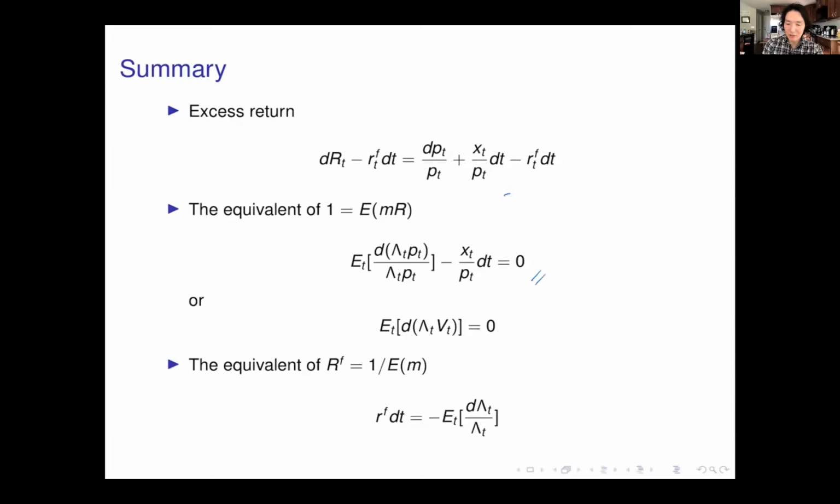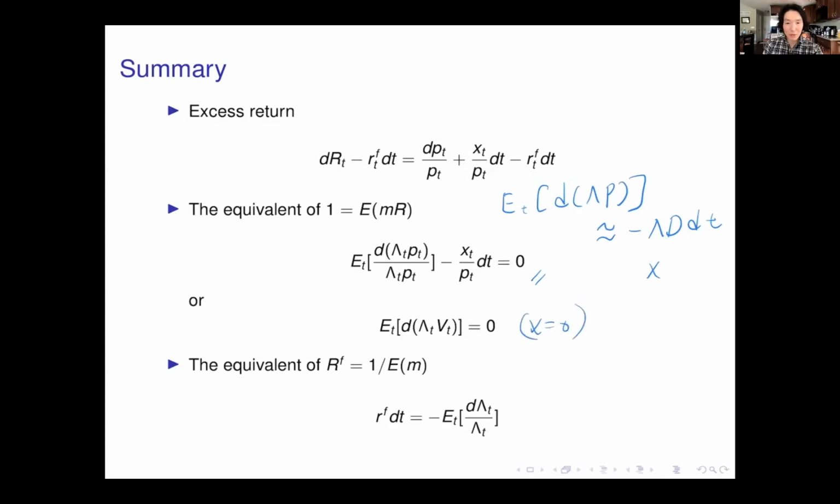So in the continuous time case, the change in discounted price should be the same as, okay, and here we use X instead of D. Therefore, you divide by lambda P on both sides, and then you get that. And for the case of the value, if you assume the dividend is 0, then you get the following.